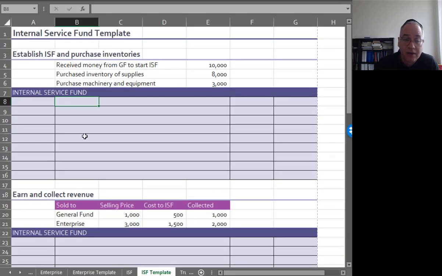So we have here establishing an internal service fund and purchasing inventory. This is again from the book. We receive money from the general fund in order to start an internal service fund. So the journal entry would be to debit cash $10,000, credit transfer in, and if this had been a governmental fund, it would be other financing sources.